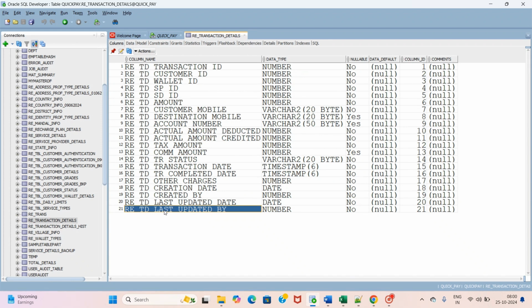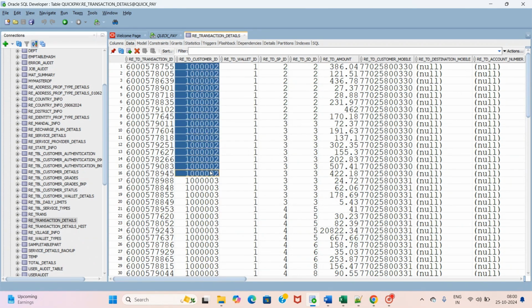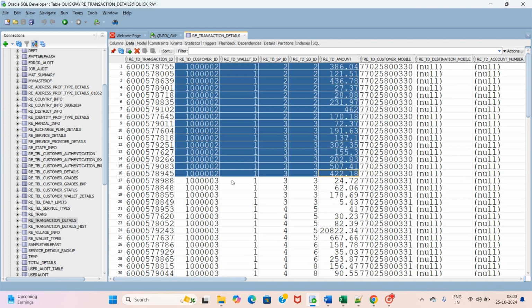Now we'll move into the scenarios. I have data. You can see customer ID 2 has done many transactions. When you go to the functionality, one customer can do one transaction or many transactions. One customer can utilize one service or many services. One service can be used by one customer many times or one time.